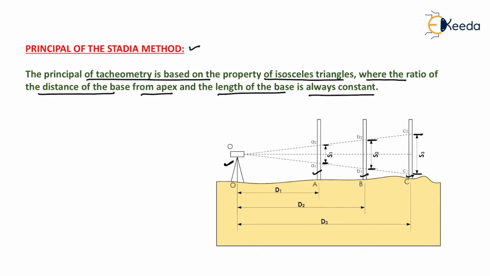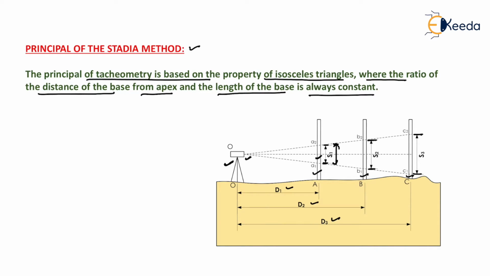Now the distance between O and A is D1, between O and B is D2, and between O and C is D3. As per the property of an isosceles triangle, the distance of the base from the apex and the length of the base is always constant.